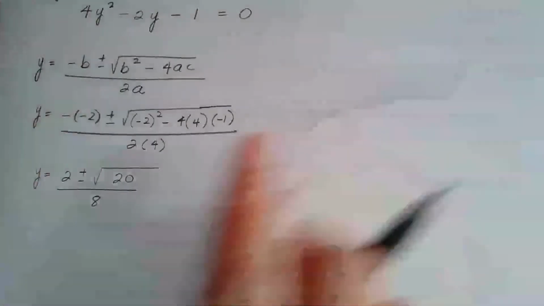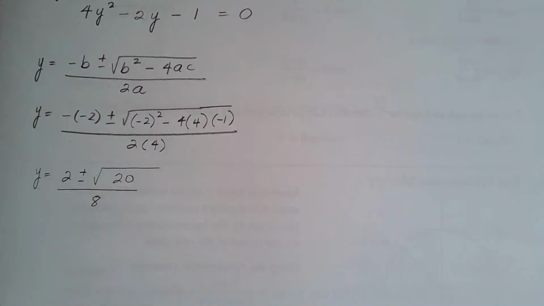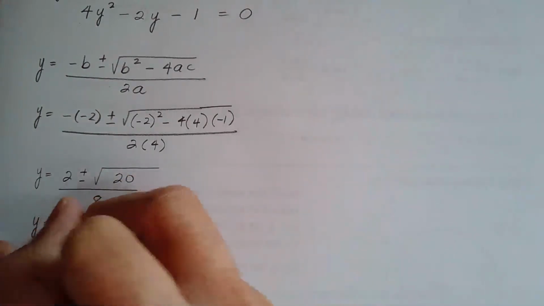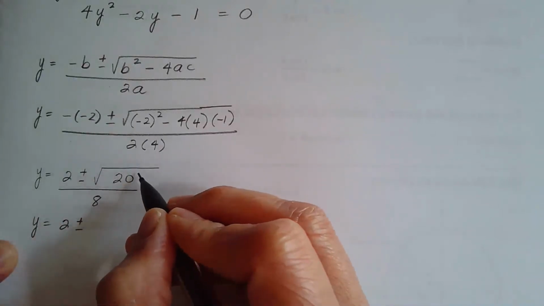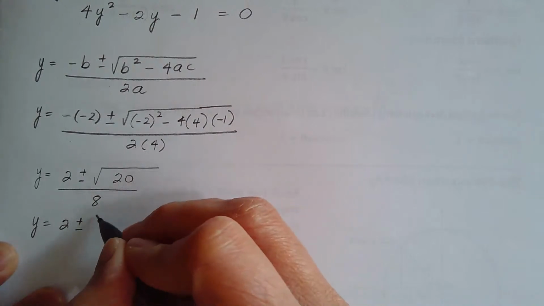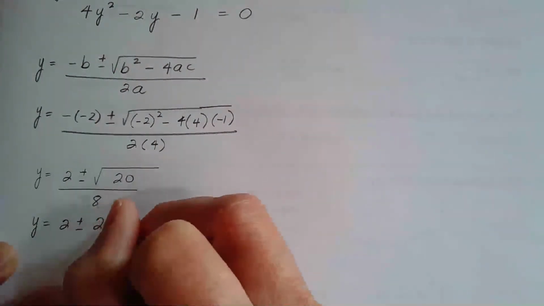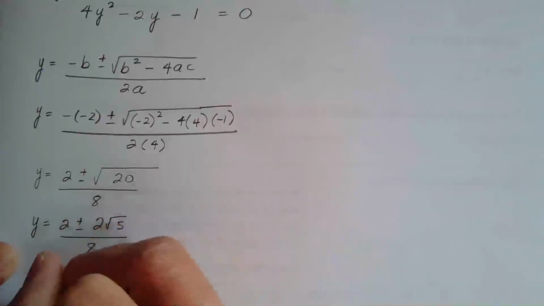Okay, if you want, we can simplify this. It's going to be 2 plus or minus square root of 20. That's the same thing as square root of 4 times square root of 5. So it's going to be 2 root 5 over 8.